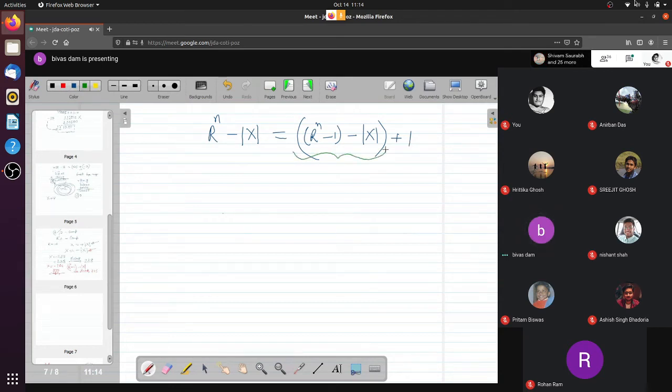This is the R minus 1's complement of minus x. So to find out the R's complement of minus x, what I can do is simply find out the R minus 1's complement of minus x and then add 1 in the least significant position.